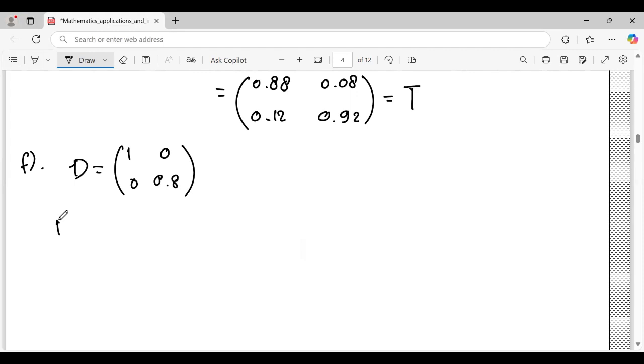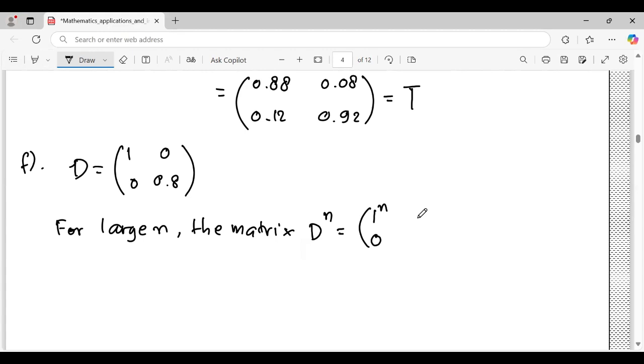For large N, the matrix D power N will be 1 power N, 0, 0, and 0.8 power N.